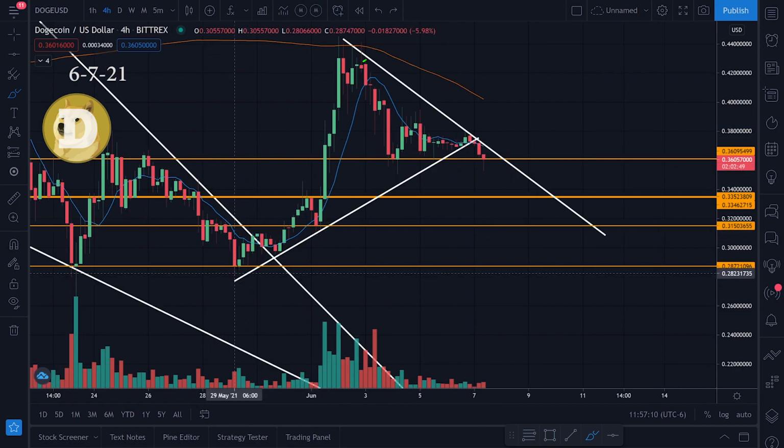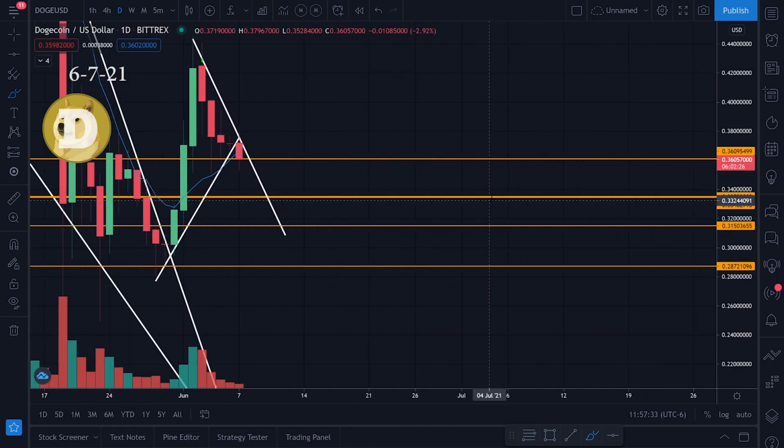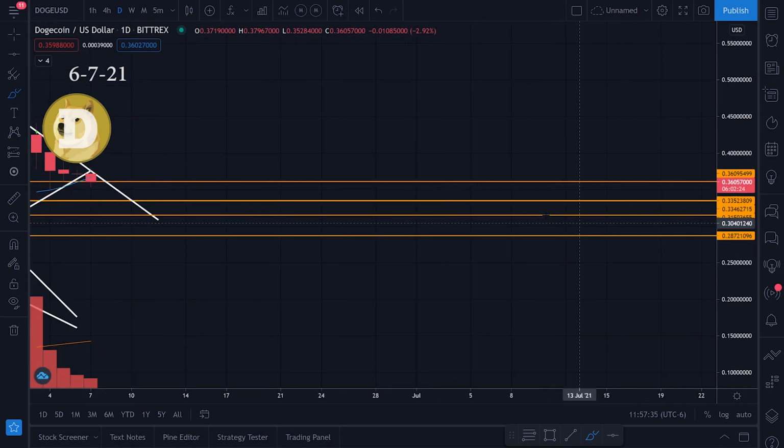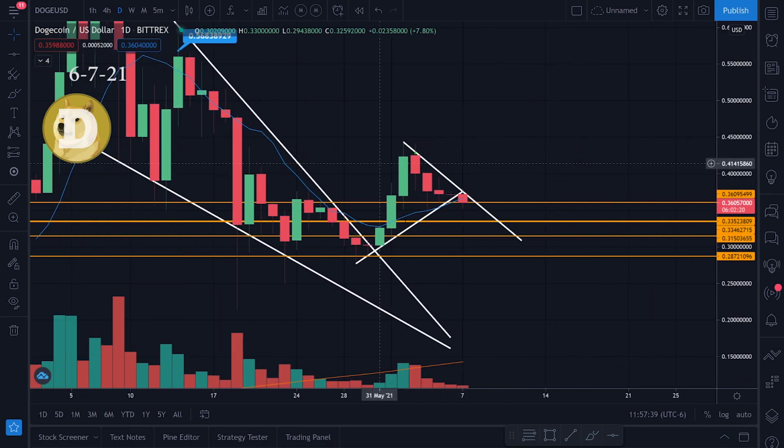People ask me what time frame I usually use, and I think whatever the bodies look like makes the most sense. Like if you go to the daily time frame, this one's a little harder to see. It doesn't quite make as much sense, this little pattern right here.